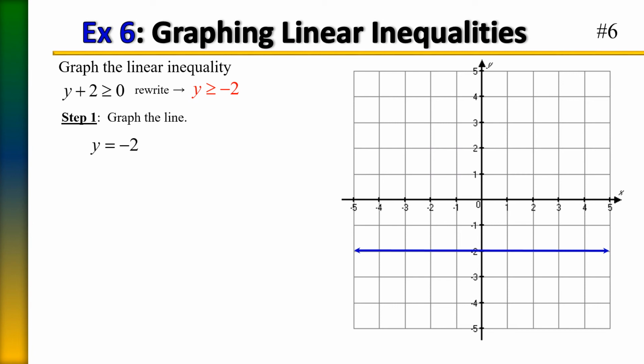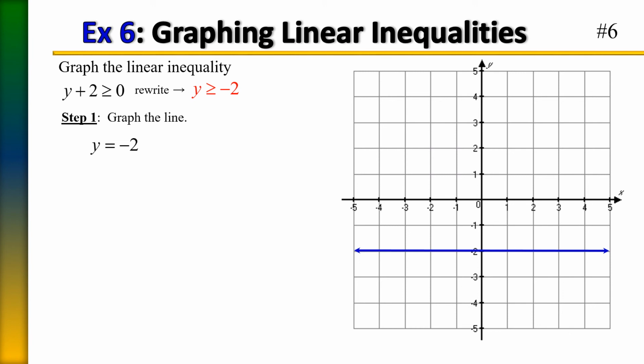Now, as far as which region we're going to shade, whether it's the upper boundary or the lower boundary, remember the boundary method. If you have here a greater than, when it's in this form, solve for y, then that means that you would shade the upper region.